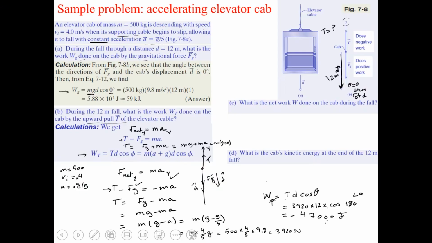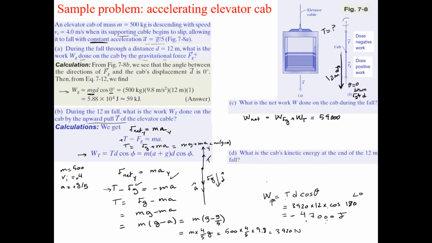So in part C, we're interested in the net work done on the cab during the fall. So you can see how the only forces I have are gravity and the tension force. I can deduce W net to be the work done by gravity plus the work done by the tension. So I'll just plug in whatever I got in the previous parts. In part A, I already found the work done by gravity, which was 59,000 joules.